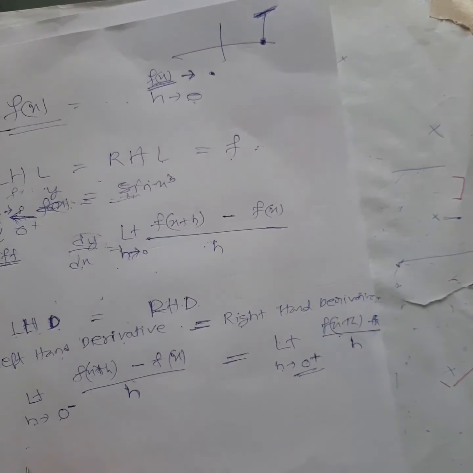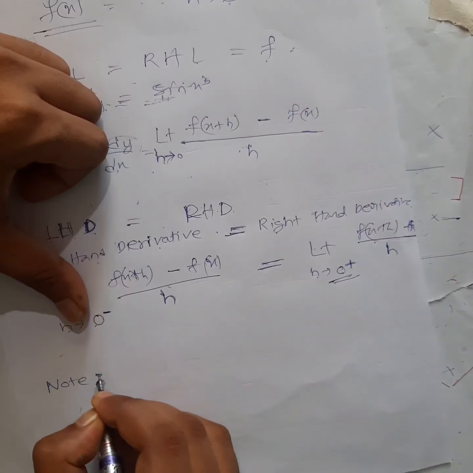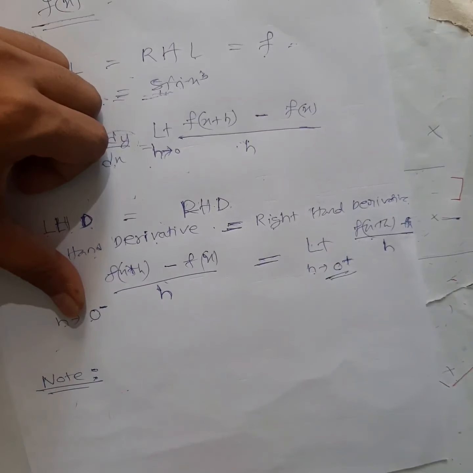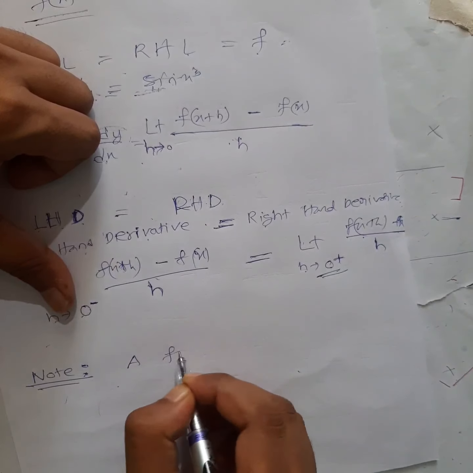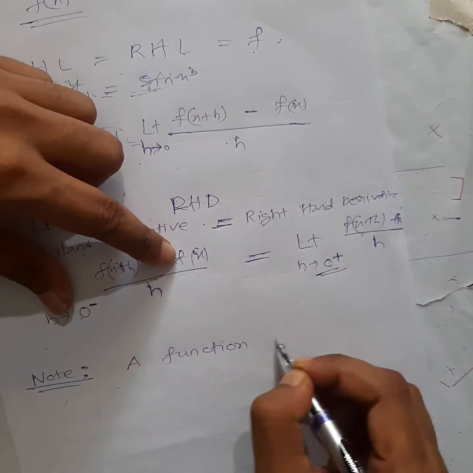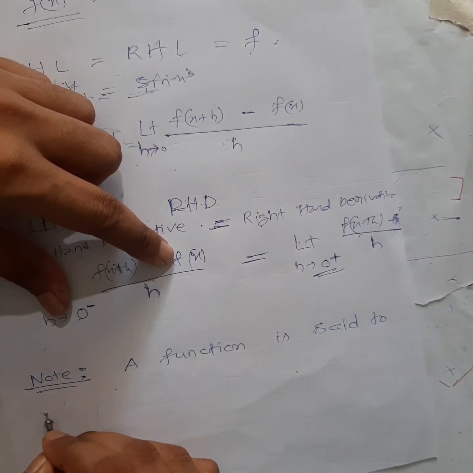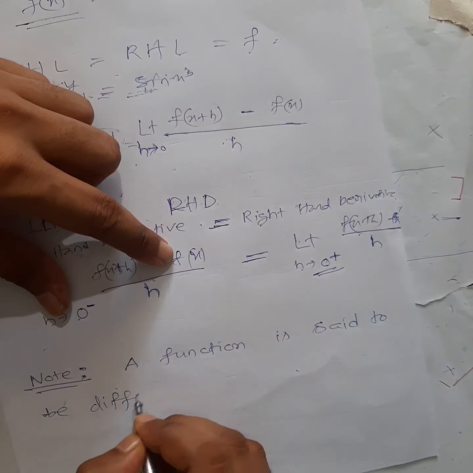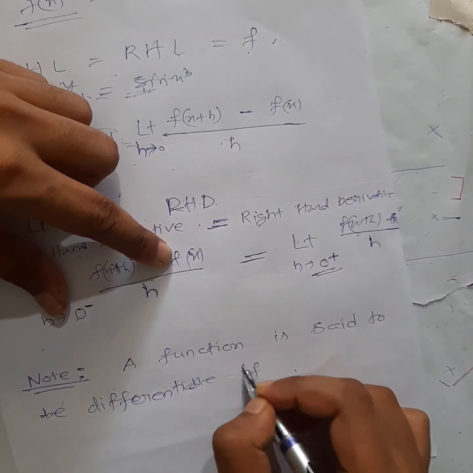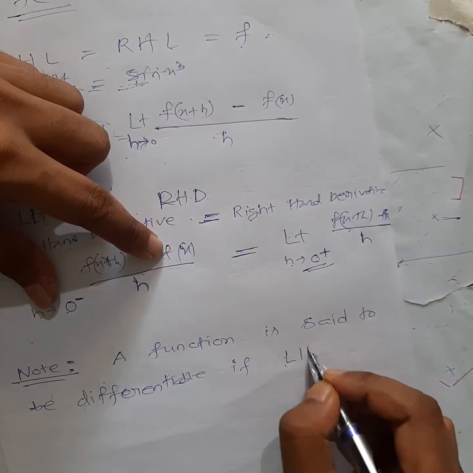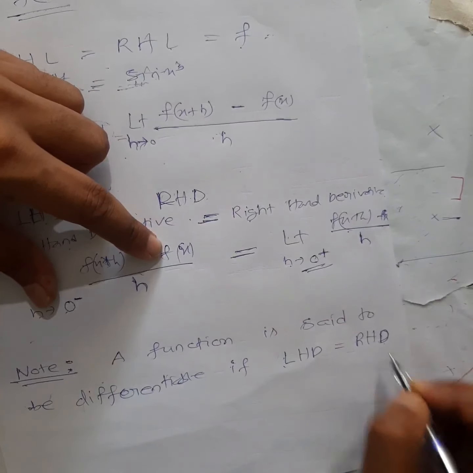You can note this down in your copy after you are done with your questions till question number 8. A function is said to be differentiable if the left hand derivative is equal to the right hand derivative, okay.